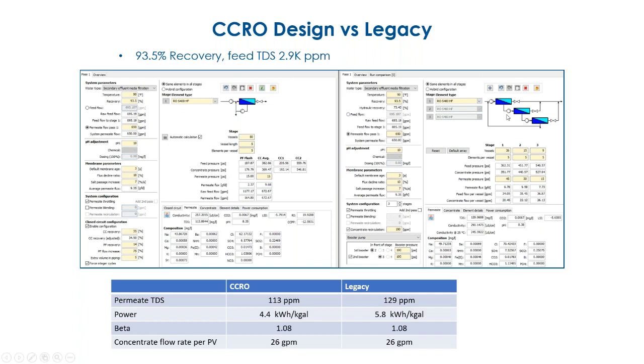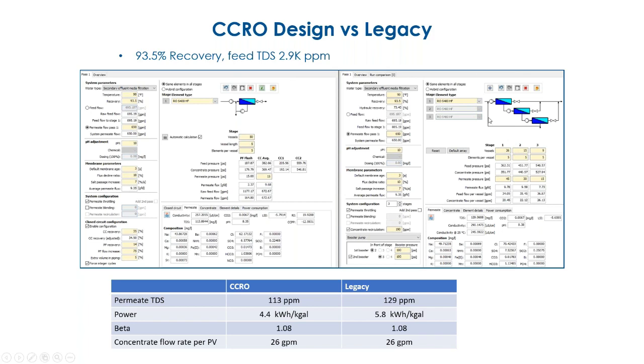Whereas in a traditional system, I've got permeate throttling in each stage, trying to force some more water to the last stage, the concentrate recycle. And then this is the feed TDS in this application, almost 3,000, and pushing 93.5% recovery. I have no pressure left for the last stage, not even the second stage. So I've got two booster pumps.